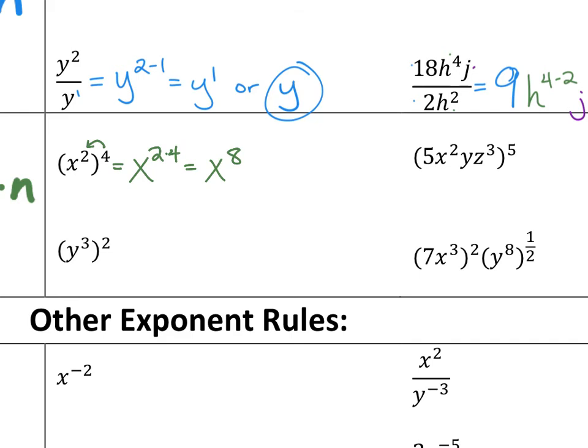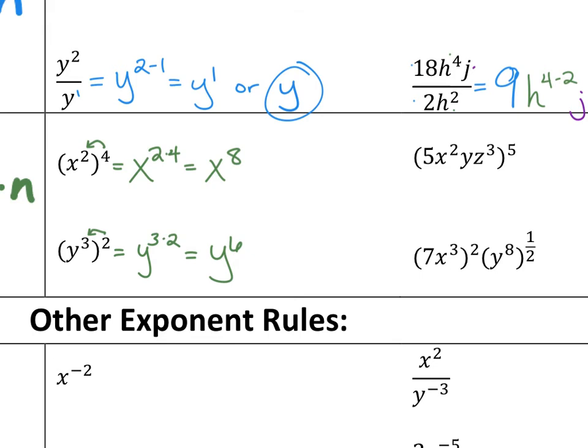We have y cubed raised to the 2nd power. So again, I'm just going to multiply exponent to exponent like distribution, but it's not distribution. This is y to the 3 times 2, or y to the 6th power. Pretty easy, right?